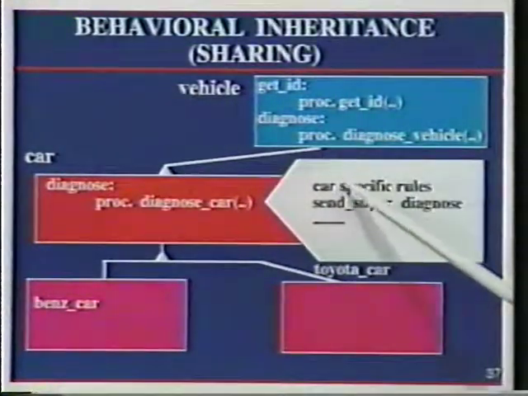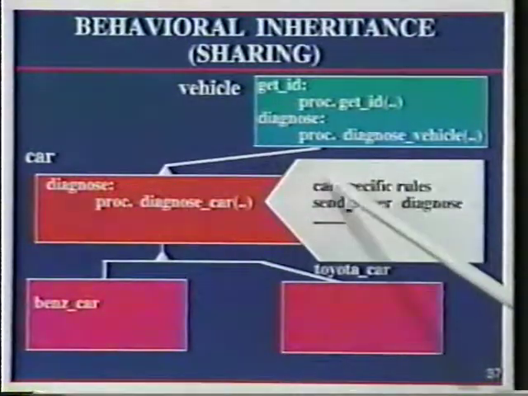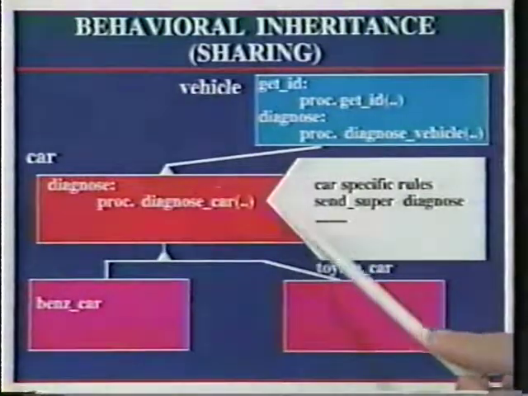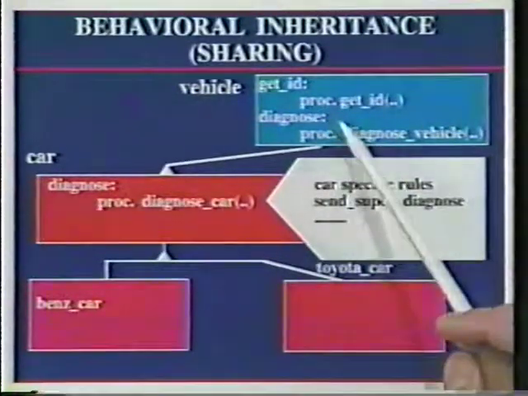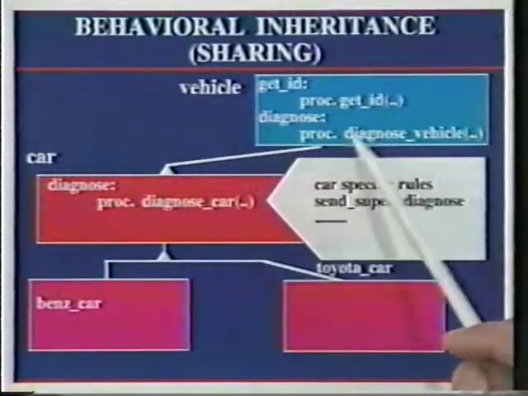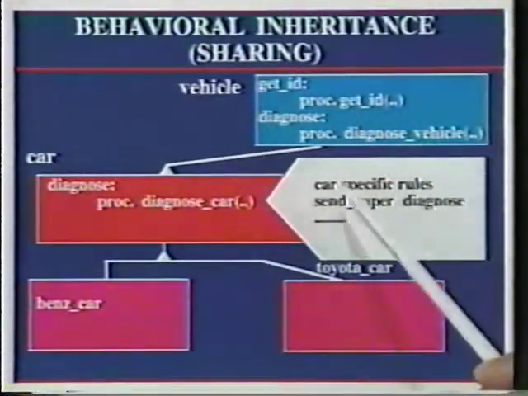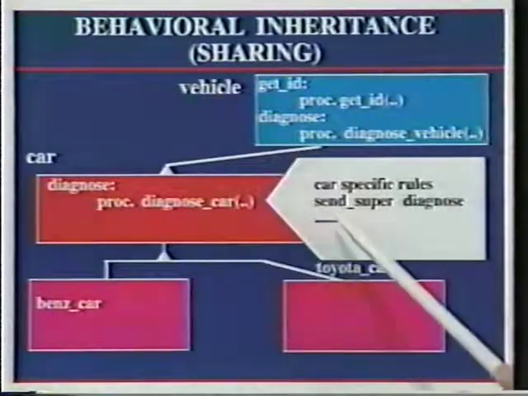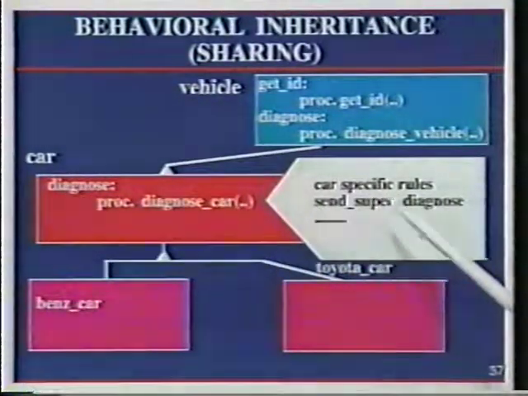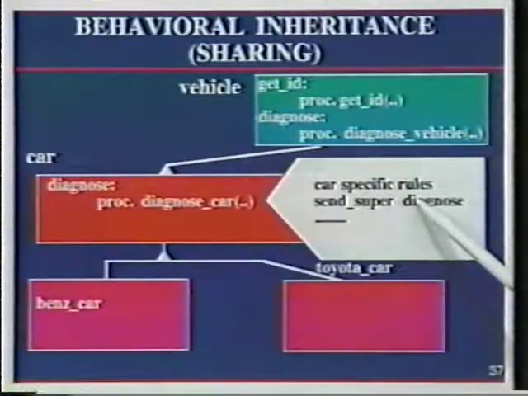So the way I do it is I first write my car specific rules either here or here, but then I also send a message to the parent to invoke the parent's diagnose vehicle in this case, where I use a keyword called send super, and I send the message called diagnose.